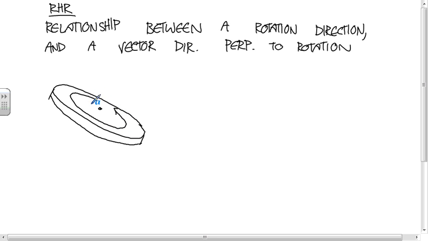So if that disk represents a rotation direction, the right-hand rule gives you a relationship between the direction of rotation on this disk and an arrow pointing out of the disk. The disk is the rotation. The arrow is the perpendicular vector.